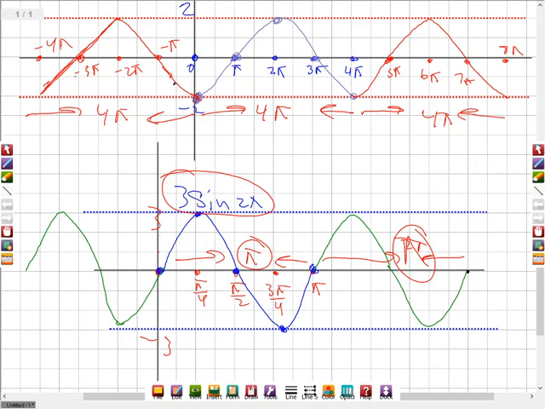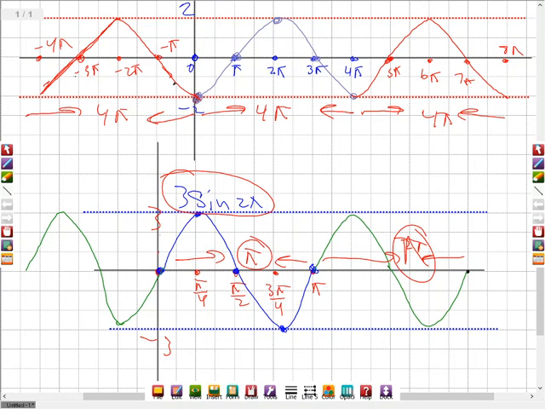Try to see this function. Now I'm going to leave it for a moment. You see it, guys?